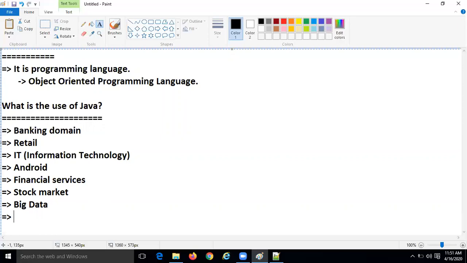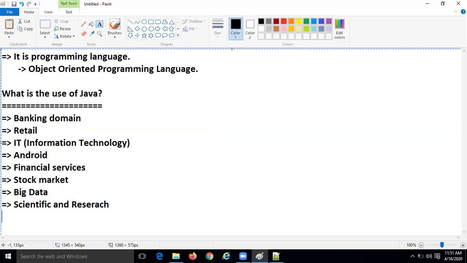Next one, some research centers are there, right? Like scientific and research centers also use Java, right? Java software, right? So we covered 8 places where Java is used. Okay? So I hope you are understanding, right?